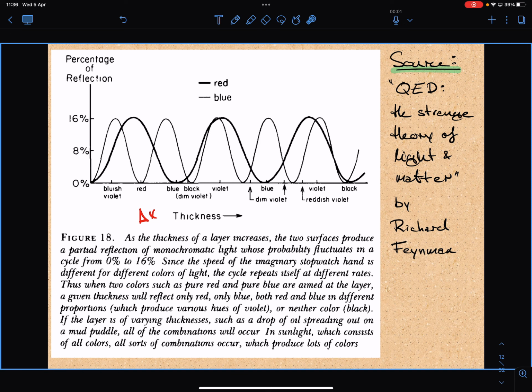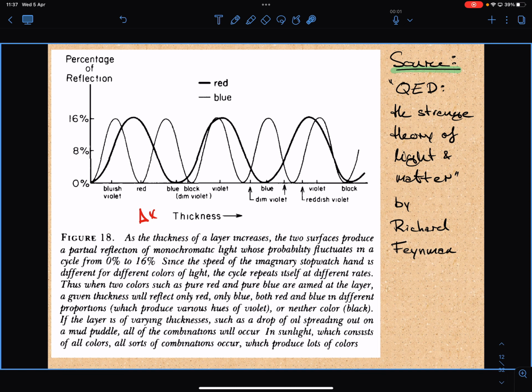If you shoot them at the same thickness, then depending on the thickness, you're going to see a bluish red if you have the mixture of the two being reflected. Where the blue is 0, you're just going to see red being reflected, and when the red is 0, you're just going to see the blue reflected.